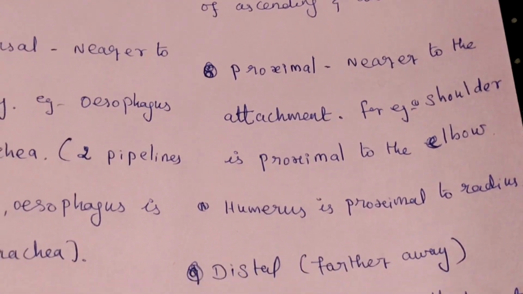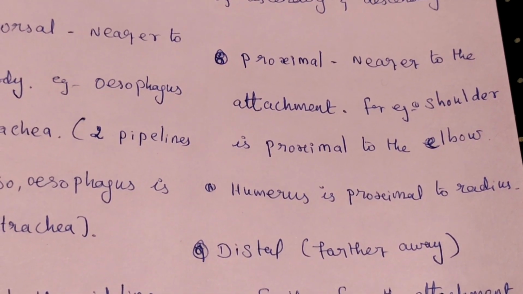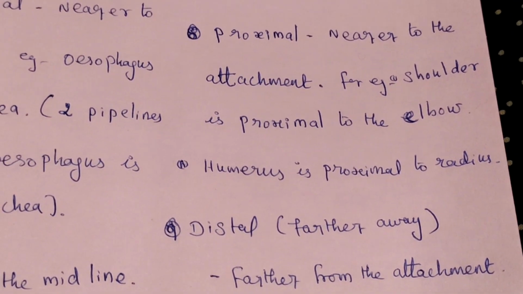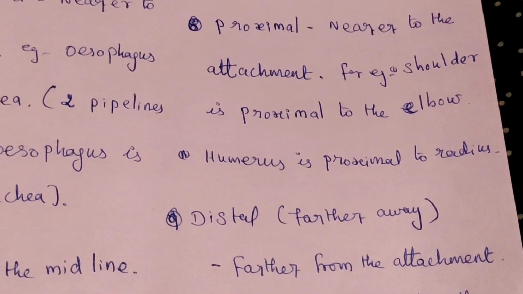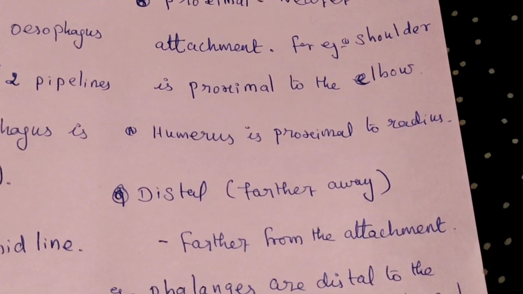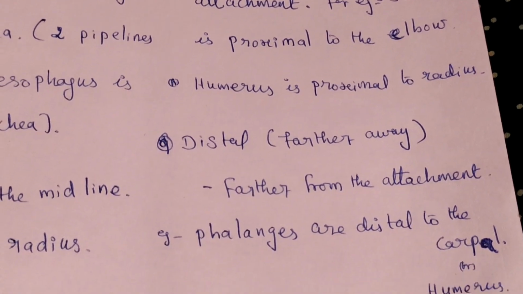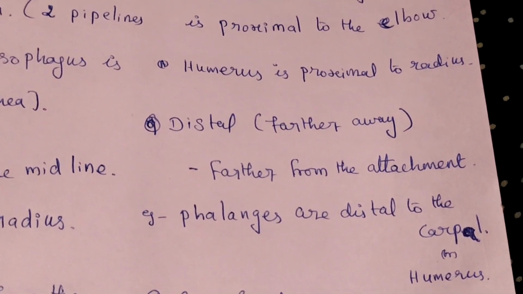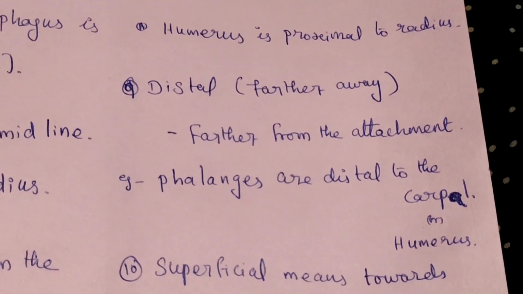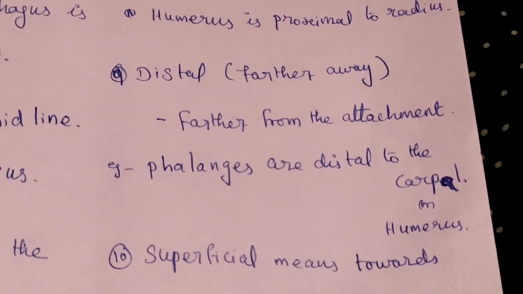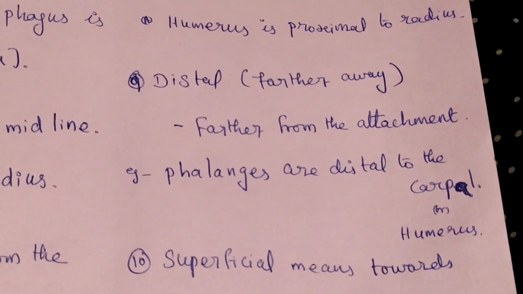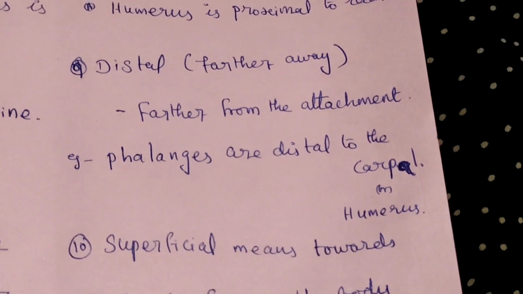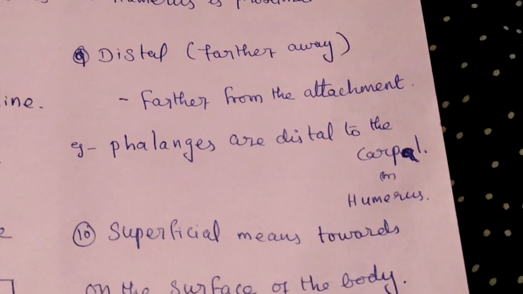Then proximal, nearer to the attachment. For example, the shoulder is proximal to the elbow, or the humerus is proximal to the radius. Then distal, away from the attachment. Example: the phalanges are distal to the carpals or humerus.